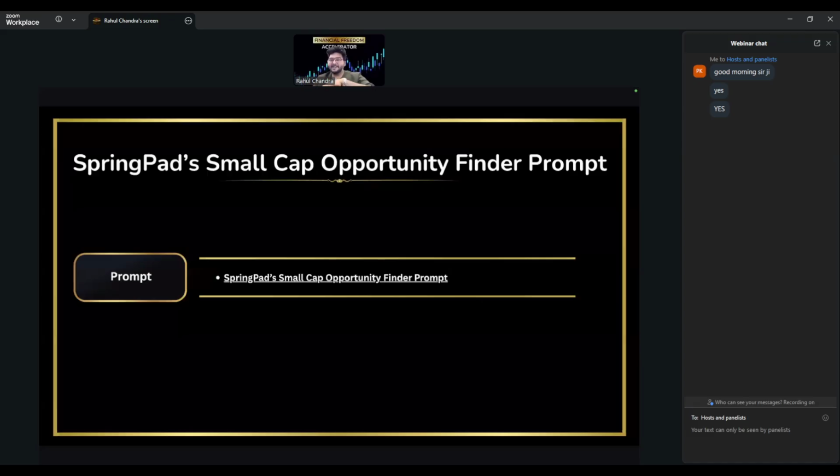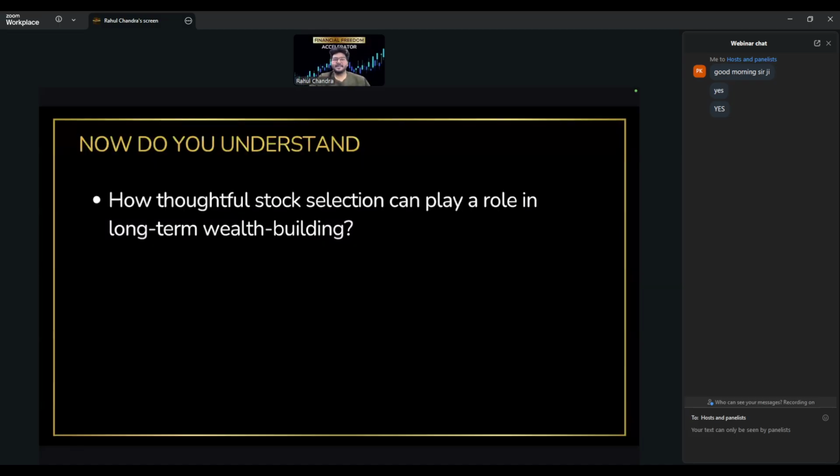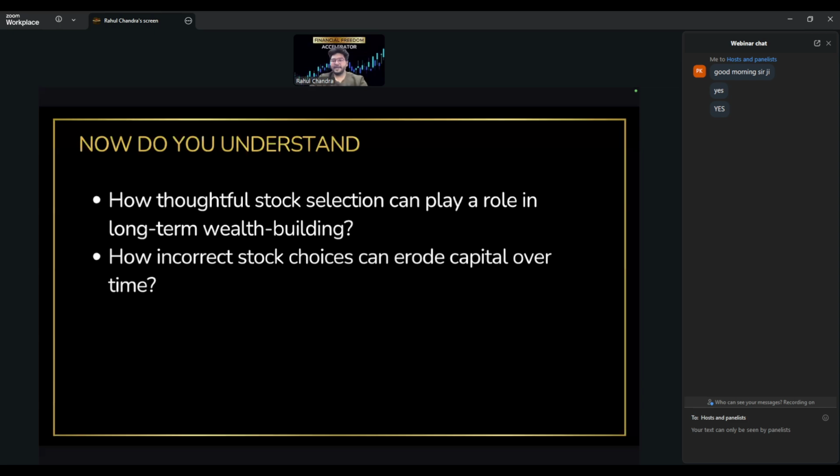Screener data is accurate. It's based on filters, right? Okay. Now, tell me, do you understand how thoughtful stock selection can play a role in long term wealth building? Do we agree to this? Have we been able to learn this in today's session? How incorrect stock choices can erode capital over time?